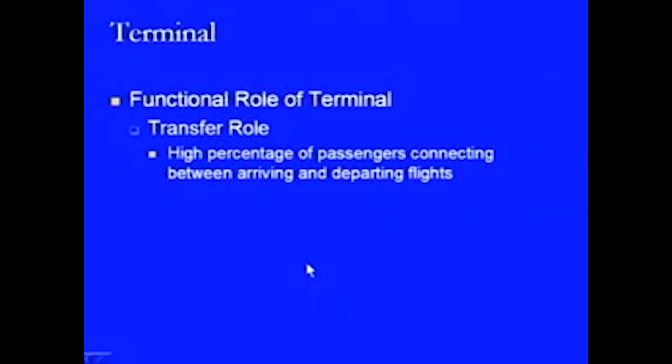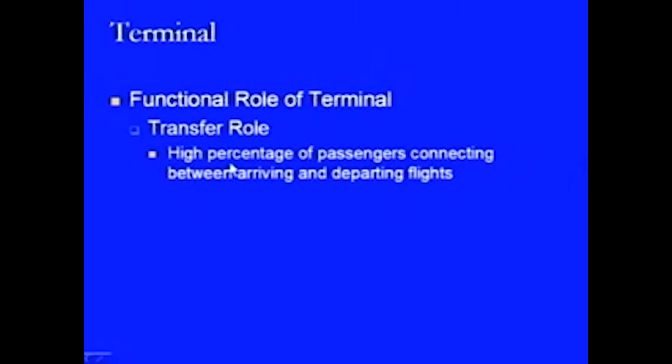Apart from these two, there is another role which is known as the transfer role. Here it is happening in terms of the connectivity to be taken up between the origin and destination, which is not being provided by one flight. So, in that sense, a person will be taking two flights with connectivity at a certain intermediate airport, or maybe sometimes at a terminal airport, and then the person takes another flight from that airport to the destination.